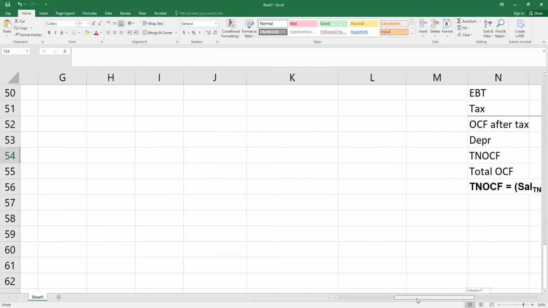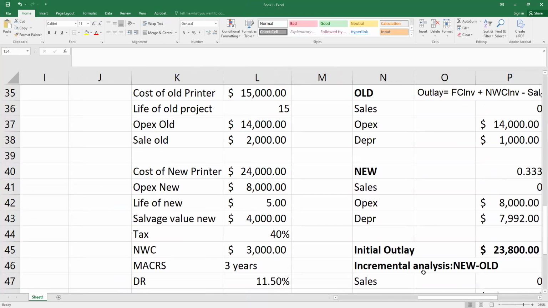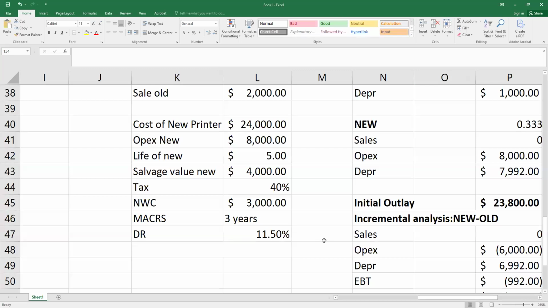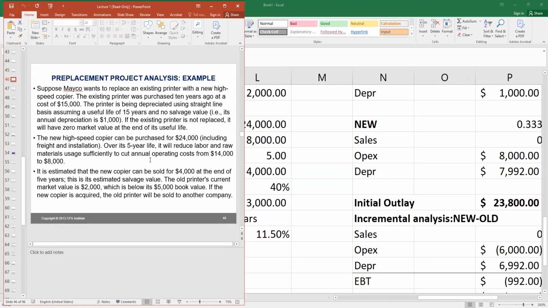Are we given any salvage new? Here, for how much we're going to sell it? 4,000. Is there any salvage of old? No. It says directly there is no salvage value for the old.